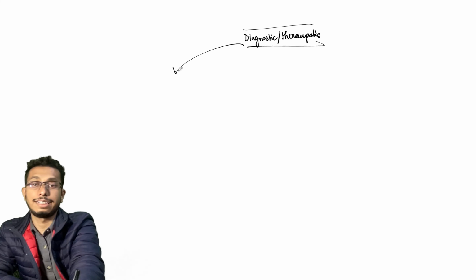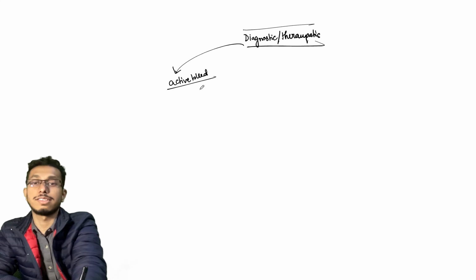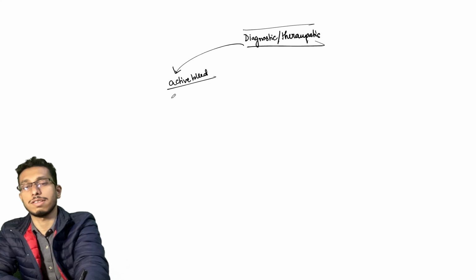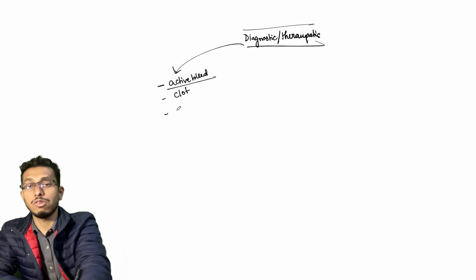We can see very active blood, or some form of disease that has a very high chance of recurrence. For example, clot or non-bleeding visible vessels can be seen, which is a major stigmata of recurrence of bleed.